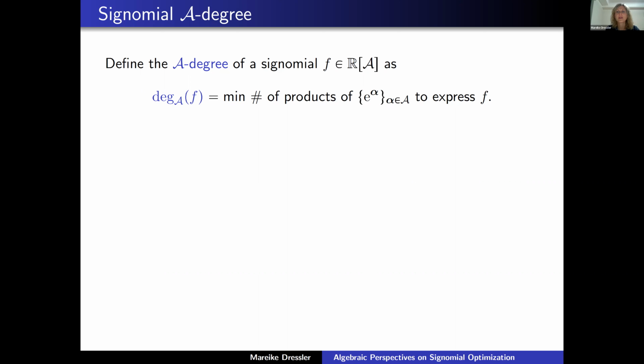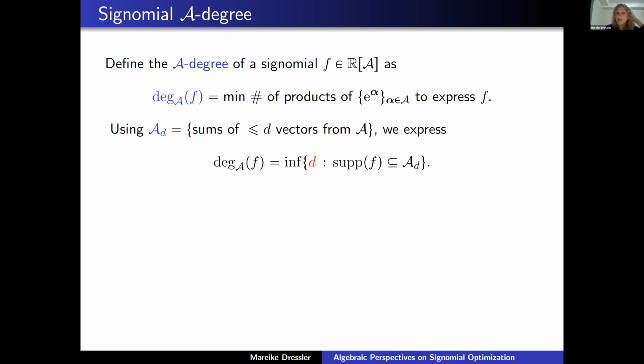We define the A-degree of a Signomial as the smallest number of possibly non-distinct products of basis functions needed to express F. To be a little more formal, we define the set A_D, which is the set of sums of at most D vectors from this ground set A, and then we can express the A-degree as the smallest integer D such that the support is in this set A_D.